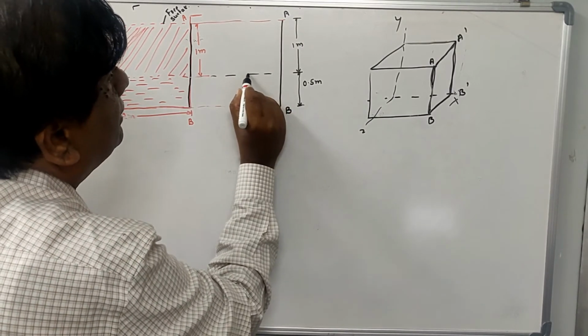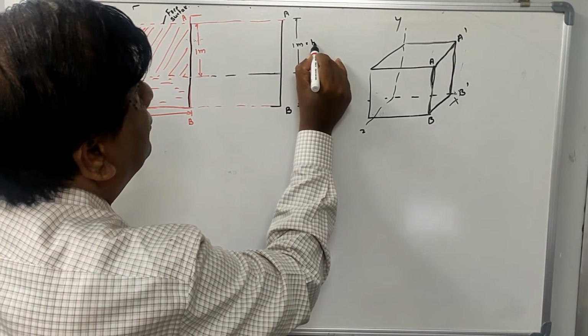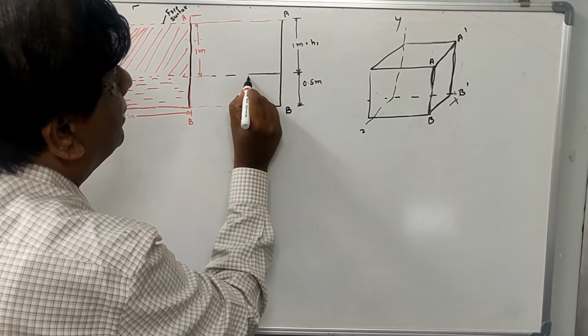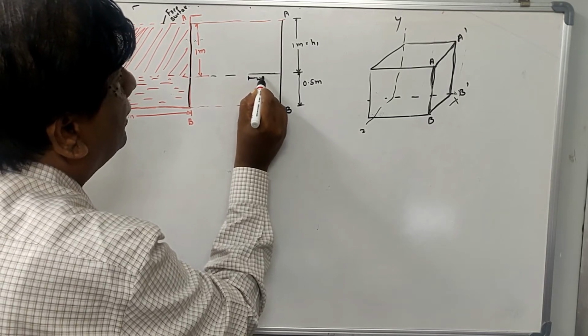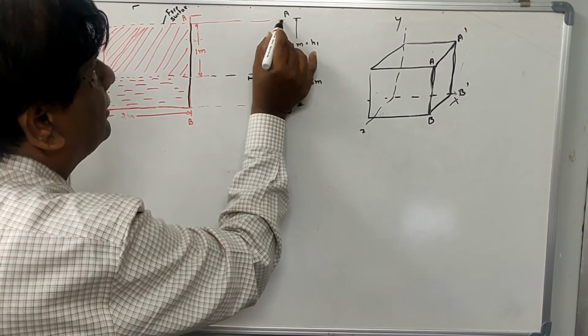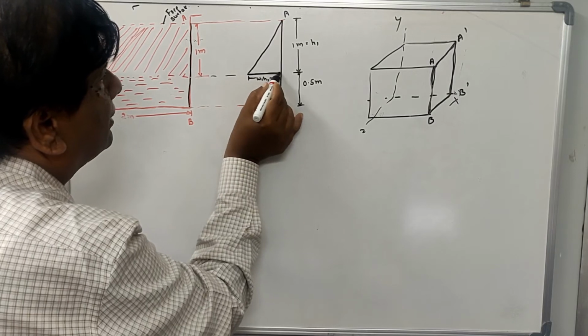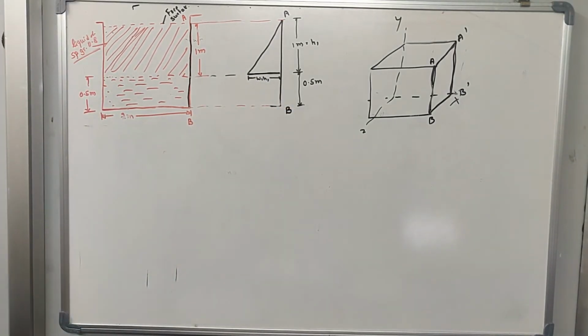Suppose you call this H1, so it is W1H1, and this is triangular in shape.